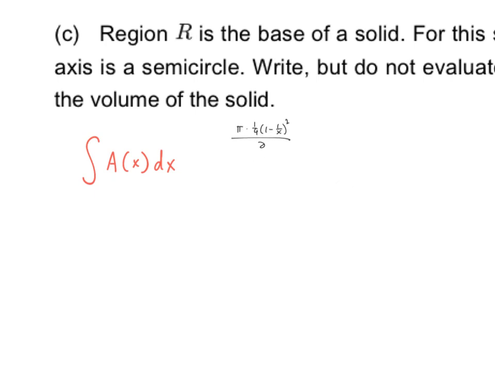Okay, so now that's the area, and same thing, we're going from 1 to e. Maybe it doesn't matter, you could just put this whole thing in there. If you were going to simplify, which you shouldn't really, this 1/4 and this 2 become a 1/8, so this is really pi over 8.